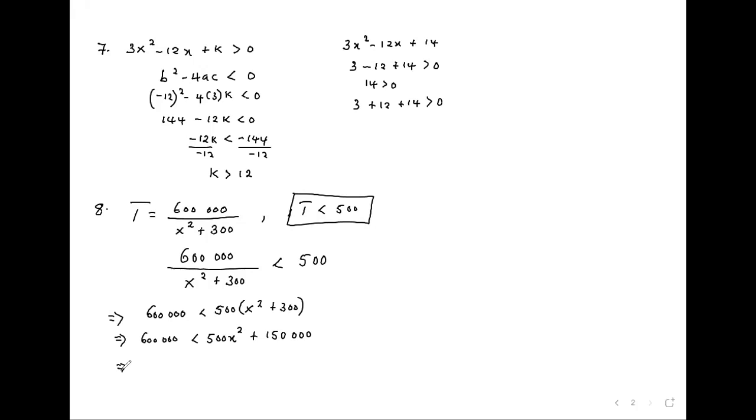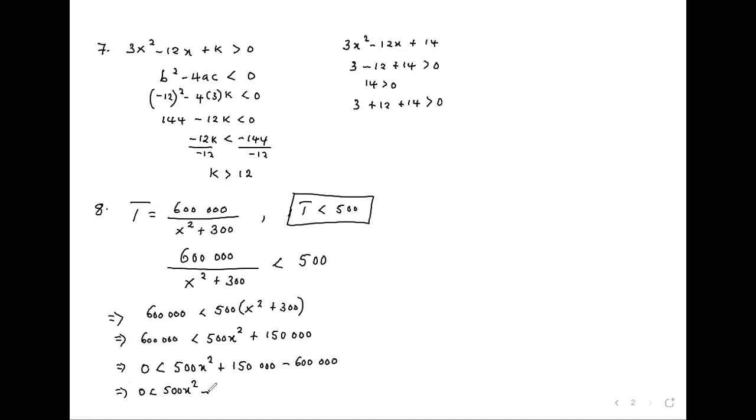So now what we have is, we can work this number in reverse. 0 is less than 500 X squared minus, to avoid losing any, we do this like that. So we get 0 is less than 500 X squared minus 600 minus 150.